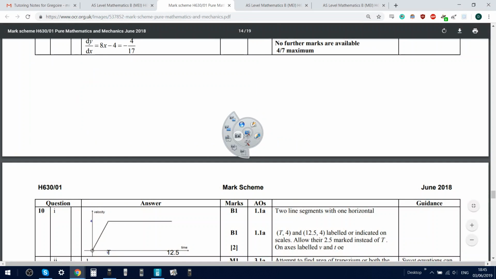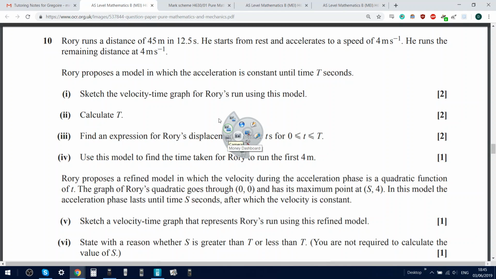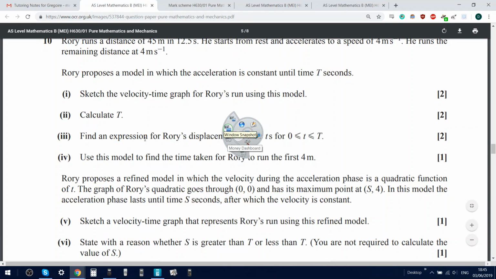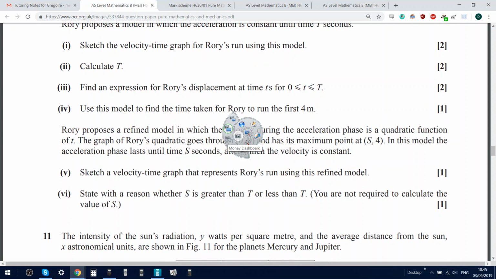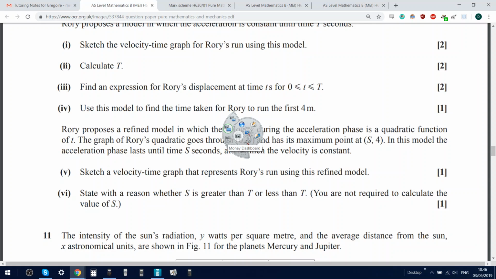Was there any other part of that question you were stuck on, or you're okay with it? It was from 3 onwards. So you just did part 3? I did part 2. Calculate t. Find the expression for Rory's displacement at time t seconds.